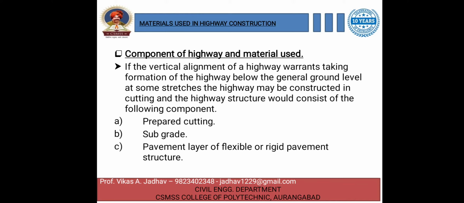When the formation level is below the ground level, at that time we have to do the cutting, and the highway structure would consist of the following components. First will be the prepared cutting, second subgrade, and on that subgrade pavement layer of flexible or rigid pavement is provided.